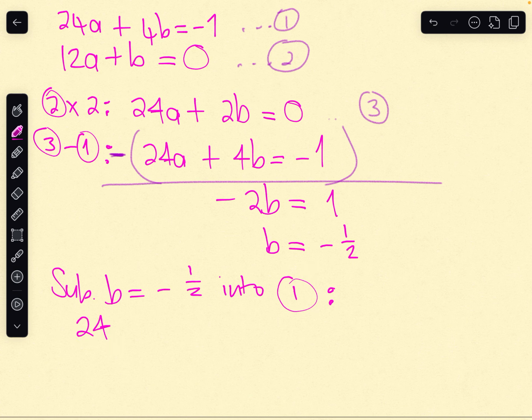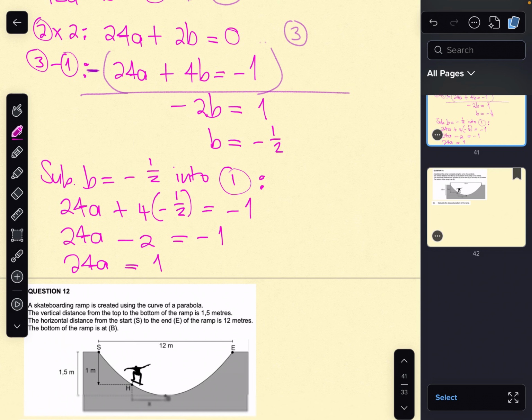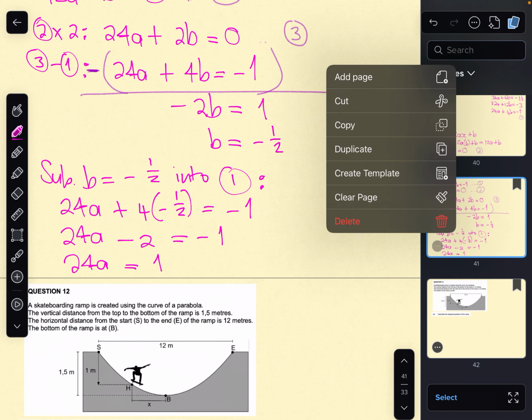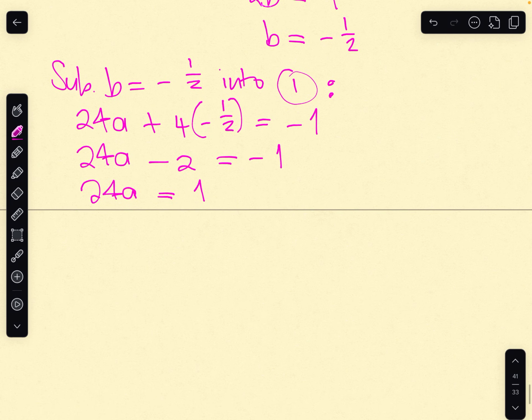So then we have 24a plus 4 times minus a half is equal to negative 1. So 24a minus 2 is equal to minus 1. So 24a is equal to minus 1 plus 2, which is 1. And then we divide by 24. So a will be 1 over 24.